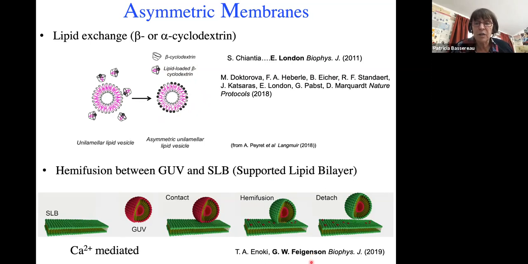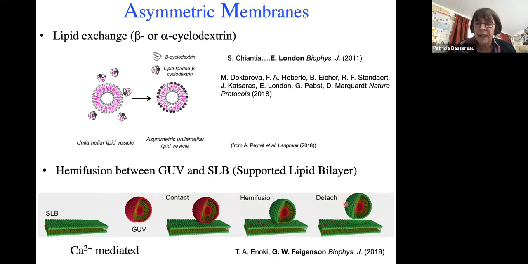Another technique which has been also developed by Gary Fagenson consists in using a vesicle with a given composition and a supported lipid bilayer on a substrate, and is using calcium to induce the fusion of the giant vesicle with a supported bilayer, and this fusion leads to the exchange of the external leaflet of the GUV.